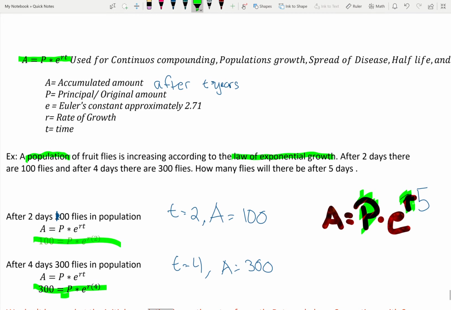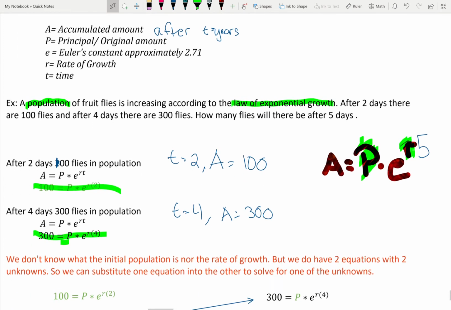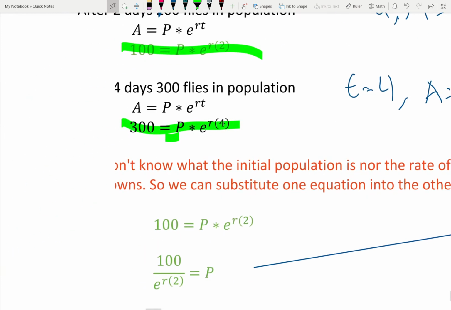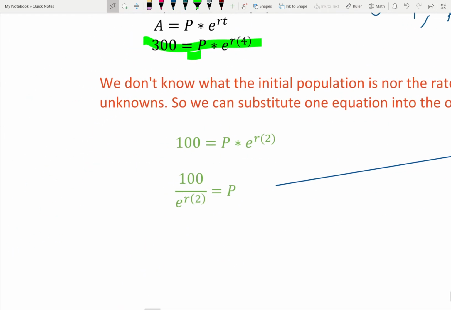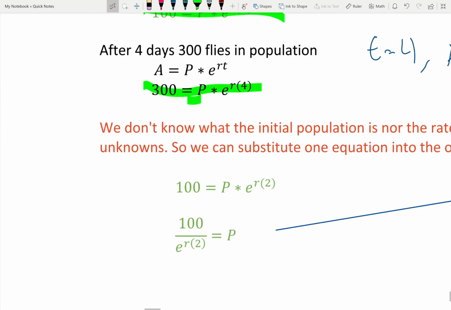What I'm going to do is take that first equation and solve for one of the variables. I can solve for P or I can solve for r. P is a little bit easier, so I went ahead and did that. Let's zoom in over here. So you see, I took that first equation of 100 equals P times e to the 2r, and I solved for P by dividing both sides by e to the 2r.